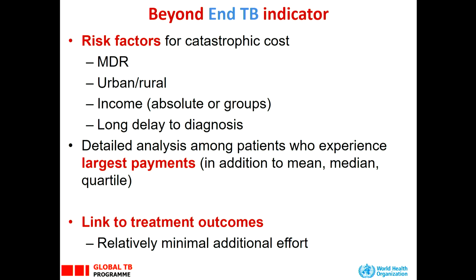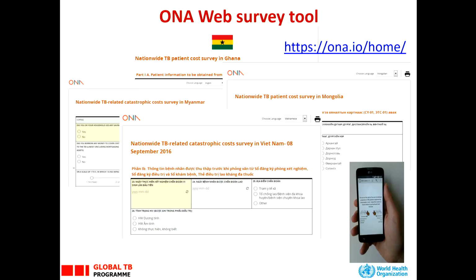And beyond the mean and the median and the quartile elements, we can also look at the maximum, the largest payments that patients experience. And with very little additional work, we can look at the link to treatment outcomes.